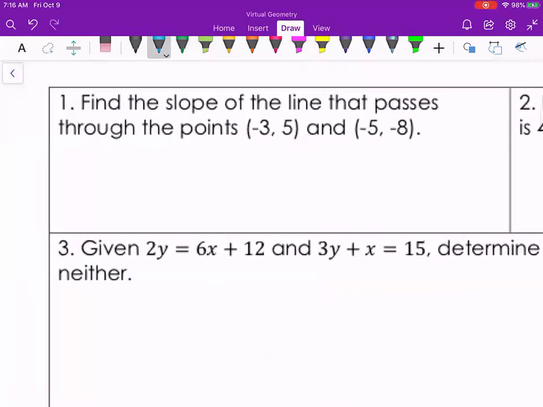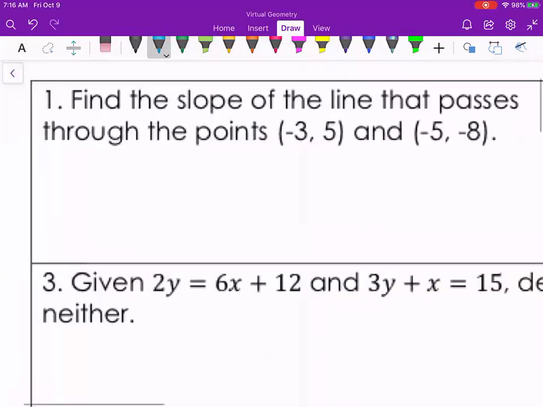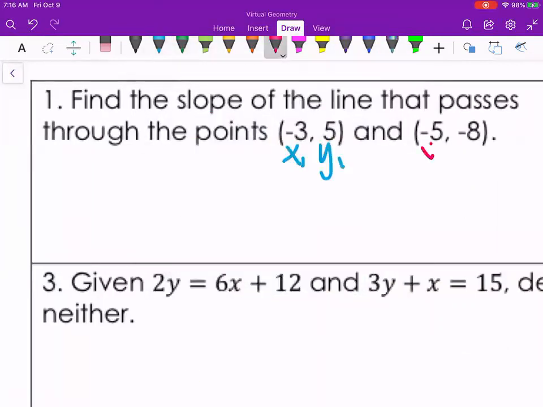All right, so example 1, we've got just a little review from last time. How do we find the slope if they're giving us 2 points? Remember, we first label these 2 points, x1, y1, x2, y2.